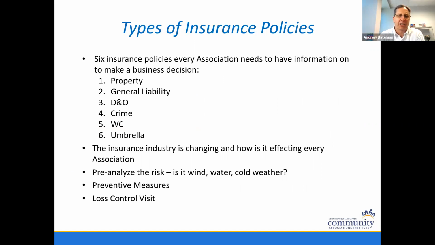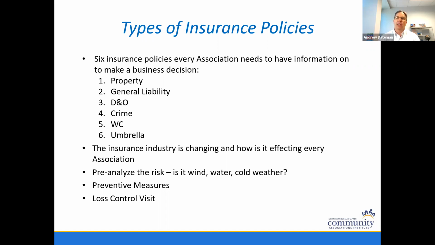Thank you, Brian, for setting our stage with the state statutes. Associations need to have information to be able to make a business decision. Every association each year should be getting the information on the cost, coverages, and risks associated with a minimum of 6 policies, if not 8 or more.